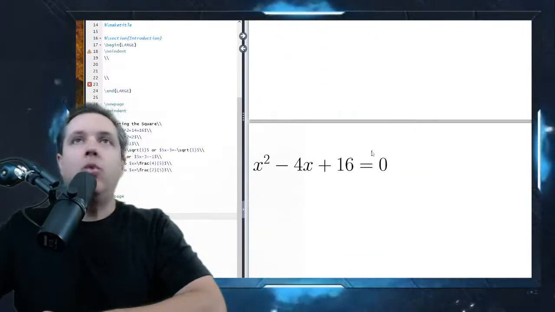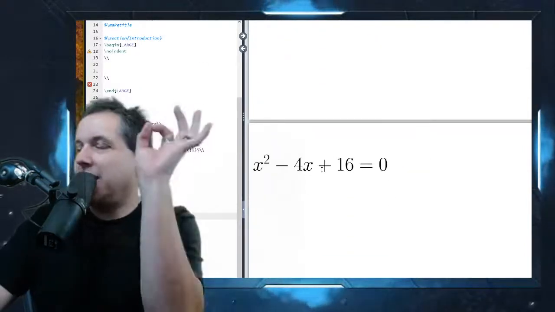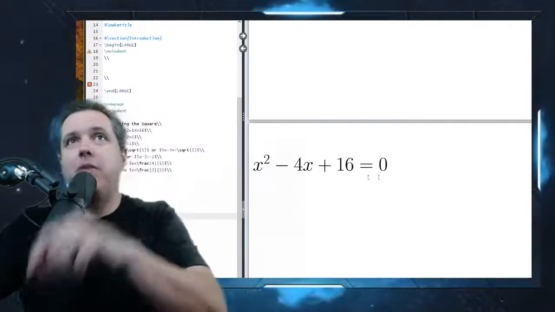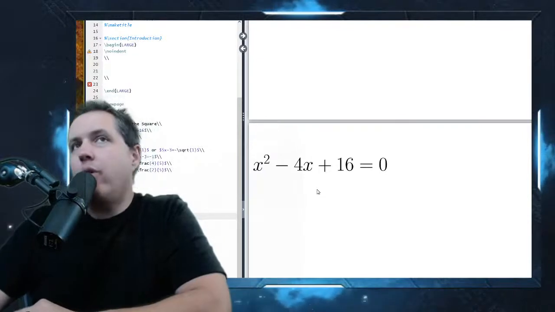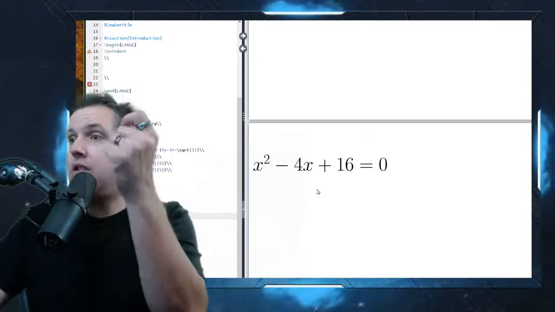This problem, we can, well, technically we can. That's the whole point of completing the square. But by looking at this, we say, well, how can I put that in the square root property form so that I can use that square root property?